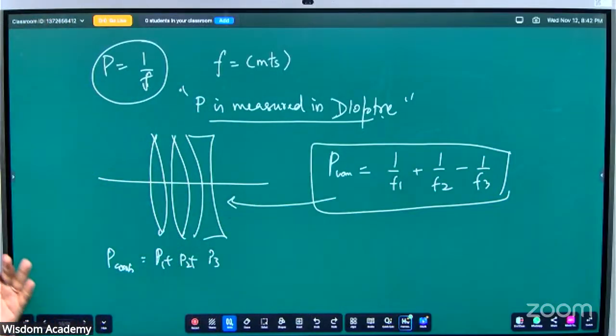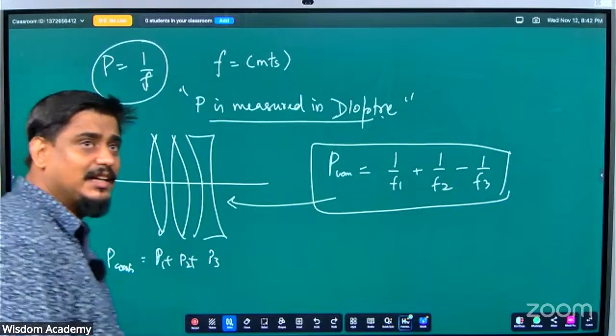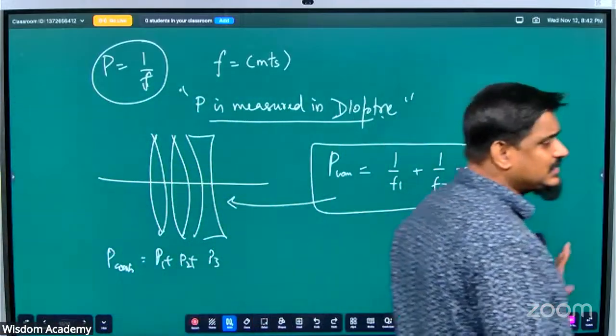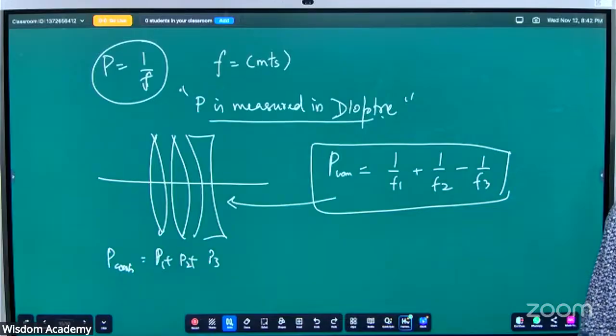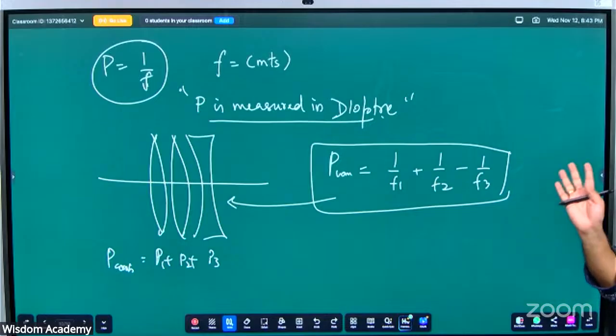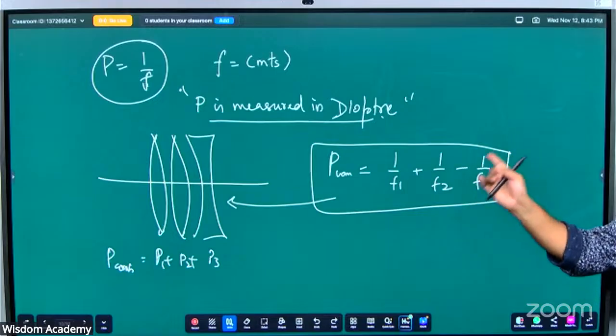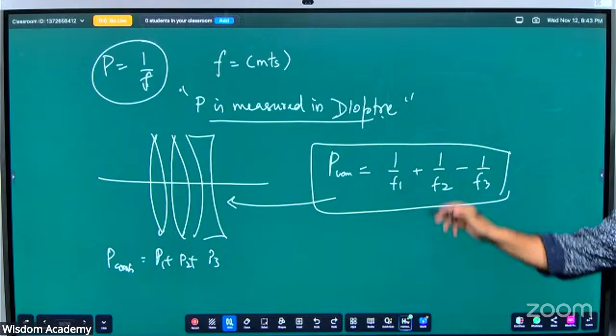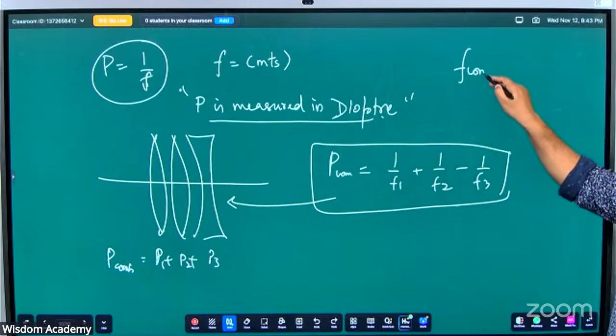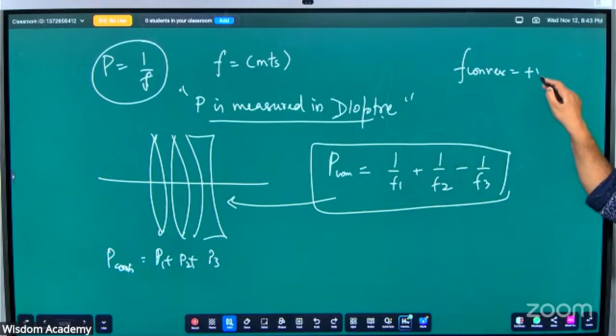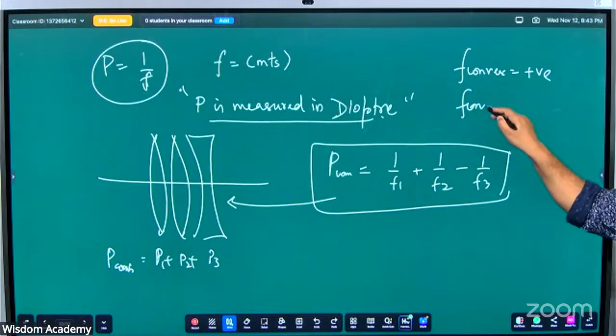See whether lens is a concave lens or convex lens. Because if it is all convex lens, yes, 1 by F1 plus 1 by F2 plus 1 by F3. If it is all concave lens, minus 1 by F1, minus 1 by F2, minus 1 by F3. But if it is concave, convex combined together, then you should have proper signs of focal length.